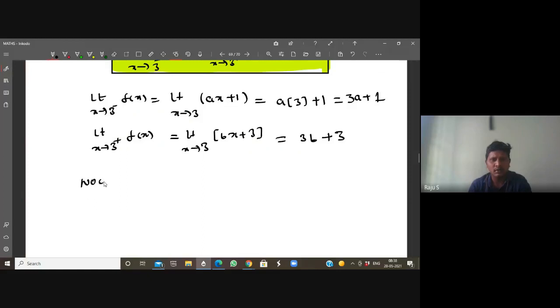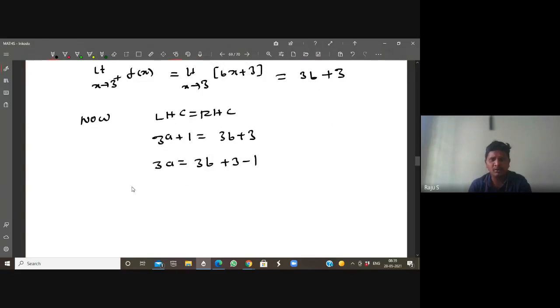Now clearly LHC equals RHC. Left hand continuity should be equal to right hand continuity. So 3a plus 1 should be equal to 3b plus 3. Right? Now 3a is equal to, taking plus 1 to the right side, 3b plus 3 minus 1.